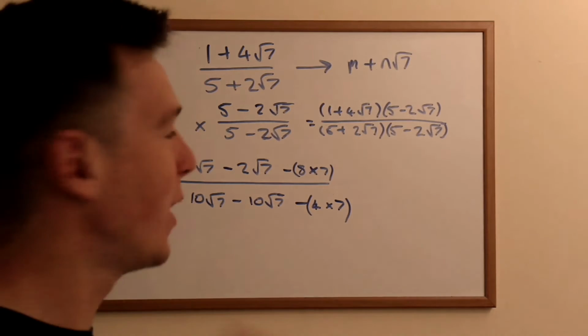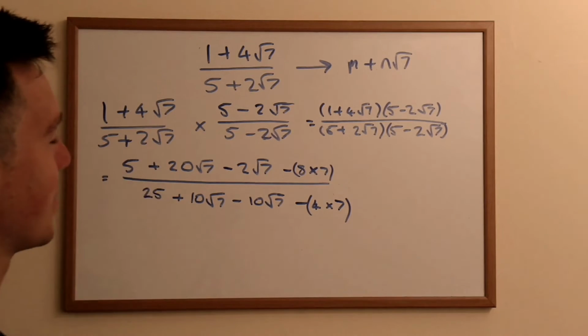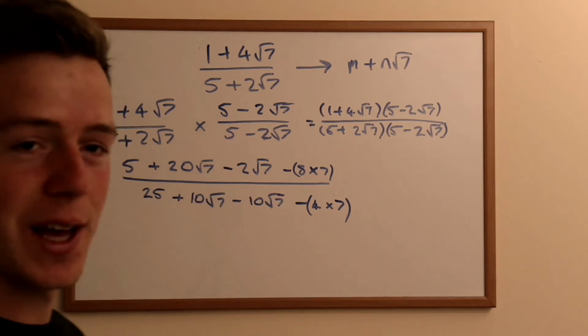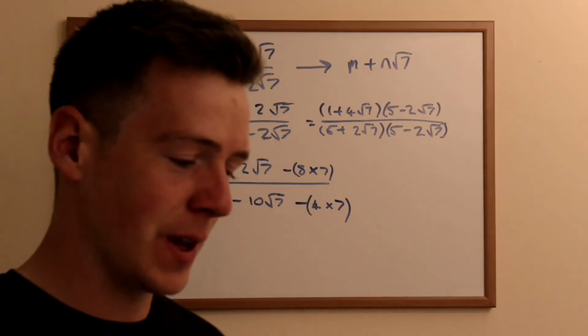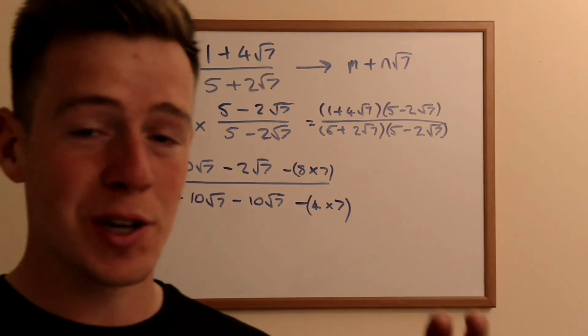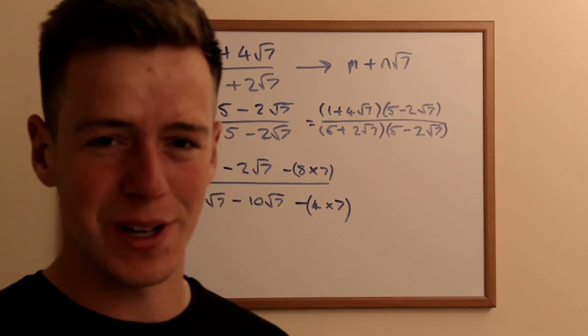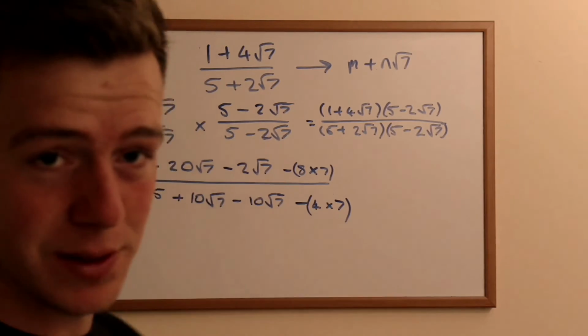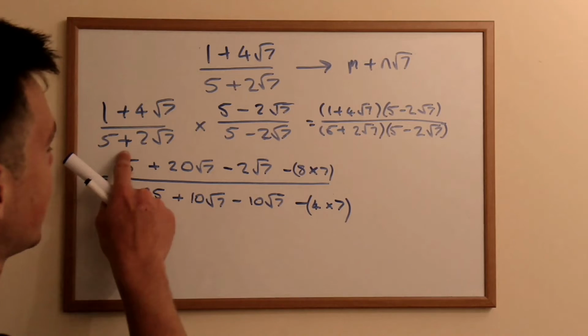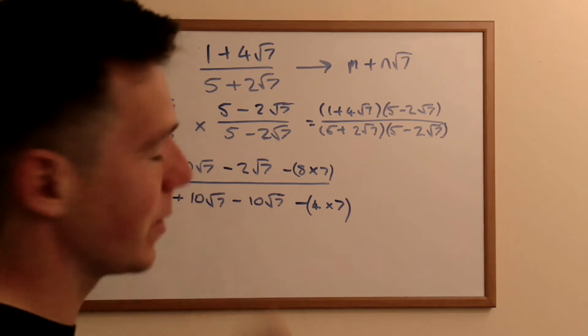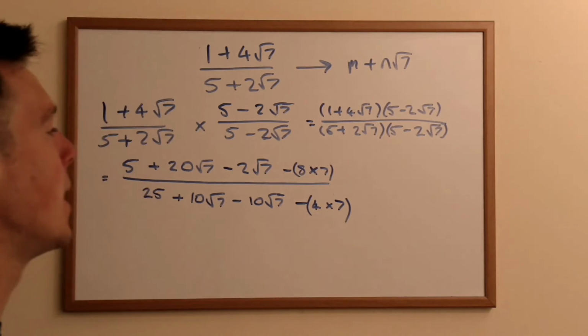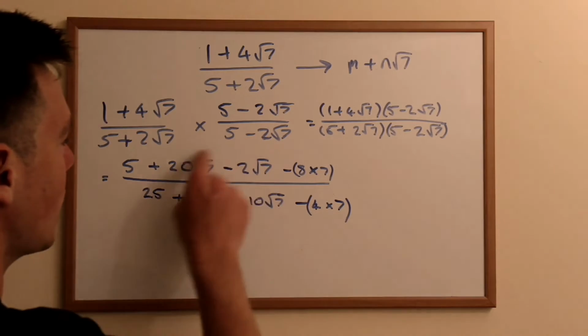Now, why did we change this plus into a negative? This is called rationalising the denominator, which sounds complicated, but that's what we did. We rationalised the denominator. We just switched that from minus and then rewrote the expression over itself. Now, why did we do this?